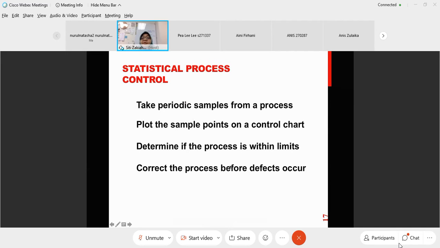So once we know that there is a variation, we correct the process before defects occur. Remember, this is one of the quality tools we have learned. We use quality tools to check for errors, because we want to eliminate or limit errors.